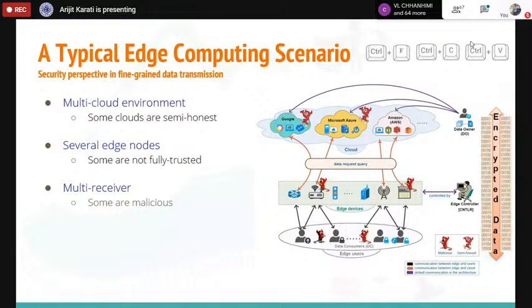Sometimes it is possible that the data is not available in the local edge device. It is somewhere in the cloud. So it needs to copy the file from the cloud to the edge layer, and later on the edge device does Control V, forwarding the data from the edge layer to the user layer.